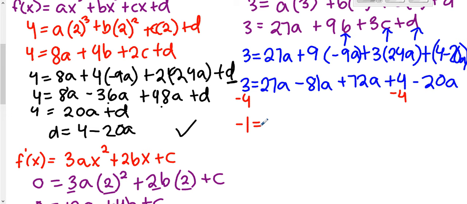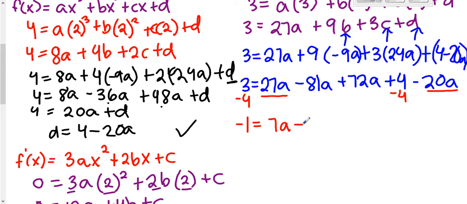So I would choose numbers that are closer together. We have 27a minus 20a. That's going to give us 7a. And we have negative 81 plus 72. The difference between 81 and 72, if we count up from 72, is 9, and 81 is negative.